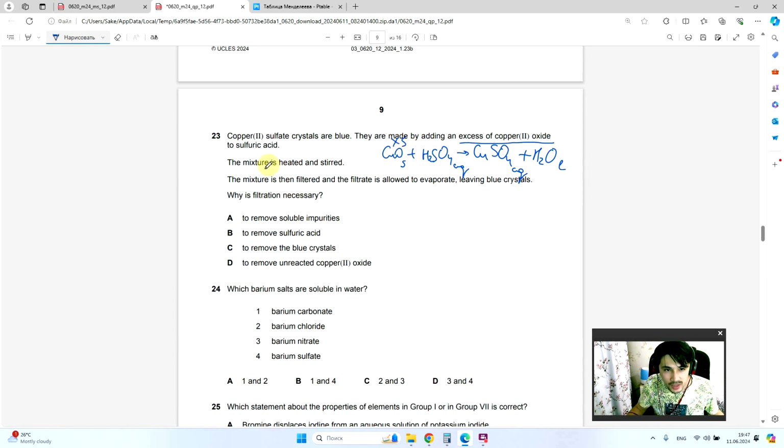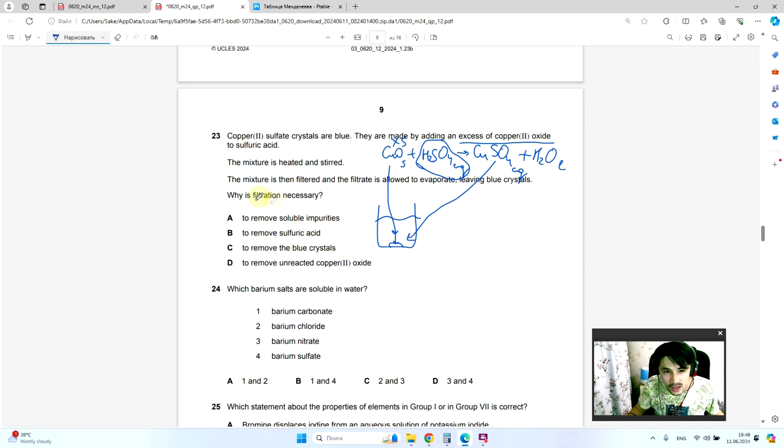Then mixture is heated and stirred, so in order to ensure that all of this acid reacted. So in your beaker, at the end you have copper sulfate and some copper oxide in excess, which is left. So you have solution containing this substance and some copper oxide left on the bottom.